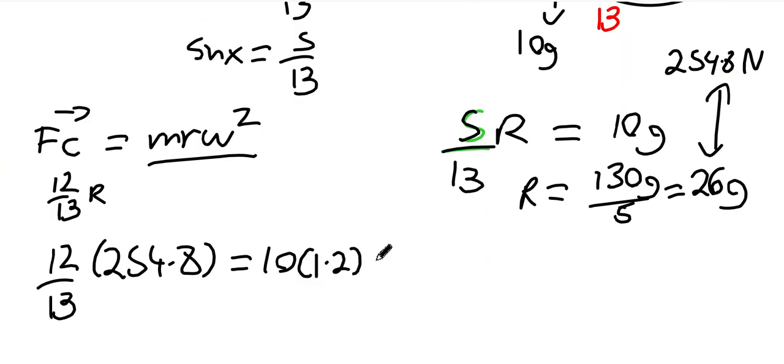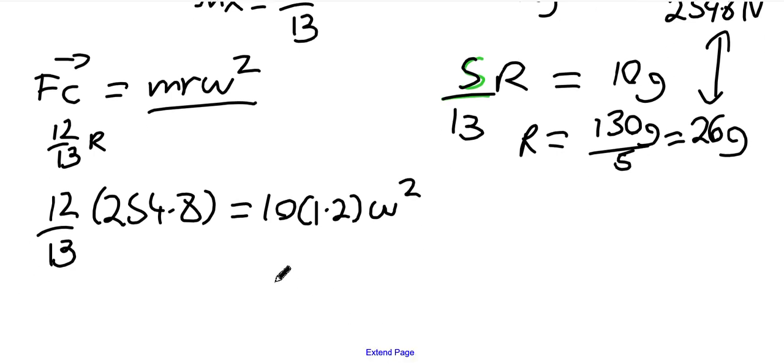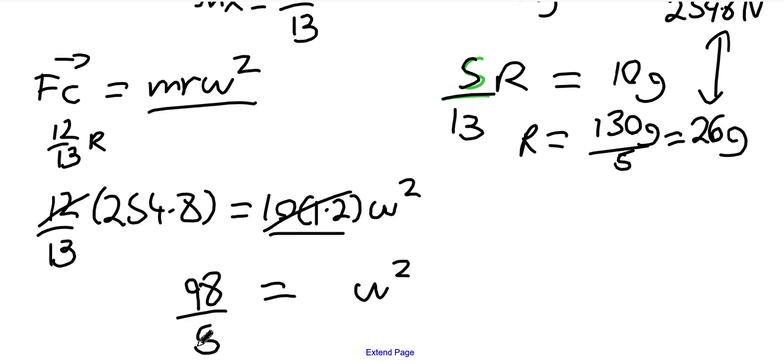And the goal of the question is to find omega squared, isn't it? So I could be quite lazy with this: 10 multiplied by 1.2 is 12, and that 12 will cancel. Just divide 254.8 by 13 and square root your answer. So could anybody do 254.8 divided by 13 and then square root it?